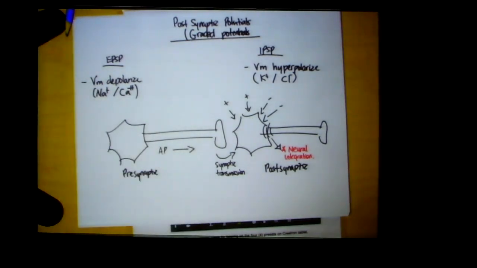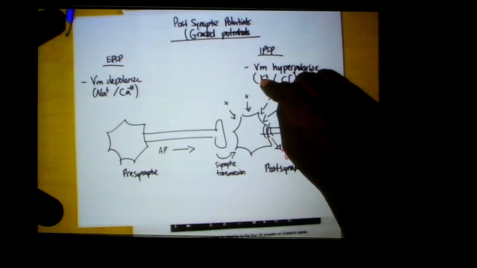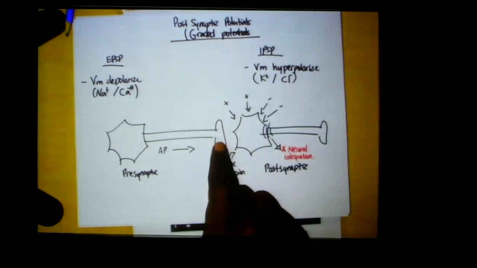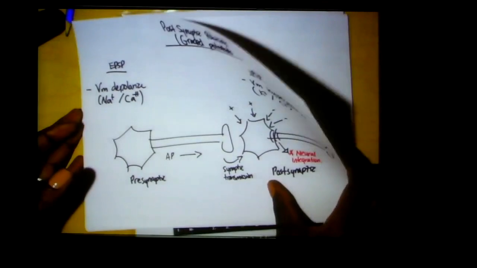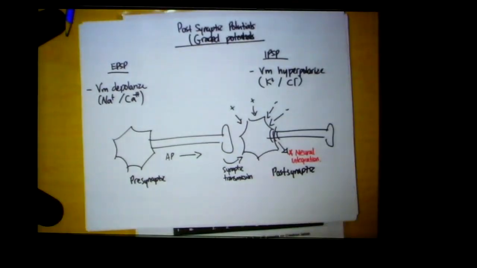If it's a ligand-gated potassium channel and that neurotransmitter that was released here binds to that ligand-gated potassium channel, that's an IPSP, okay? Opening up that channel is an IPSP, that's a hyperpolarizing event. So make sure that you're making those connections between different things we've talked about and distinguishing IPSPs, EPSPs, and then action potentials, okay? Any questions on that?